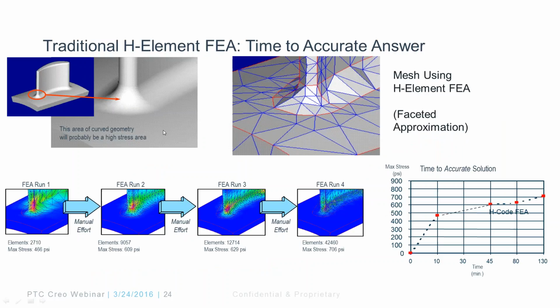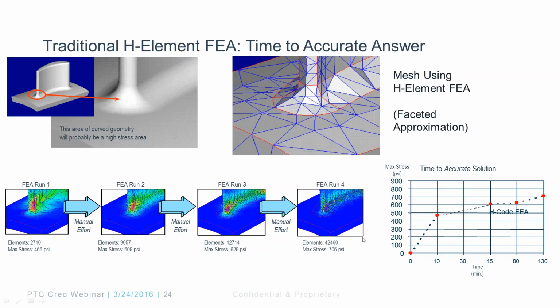Here is a case study wherein a turbine blade was analyzed using the traditional FEA method, wherein, as you can see, for about 3,000 elements, I'm getting a maximum stress of 400 odd psi. And then if I double it, see the stress keeps increasing or changing as I increase the mesh density.